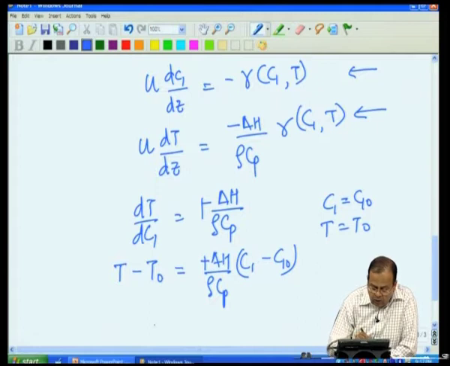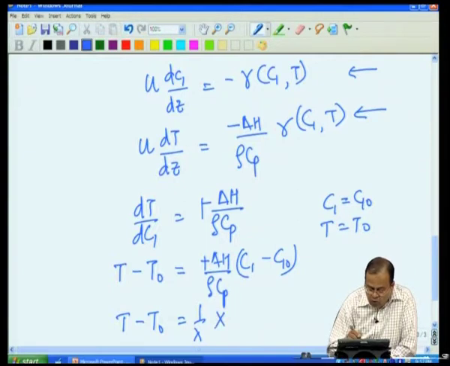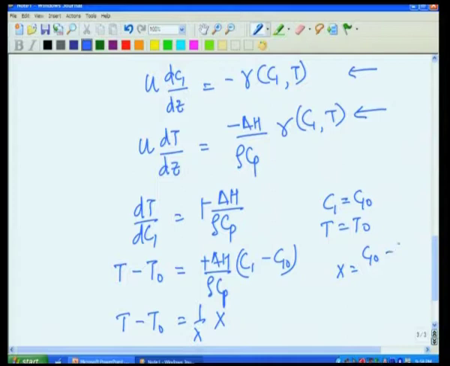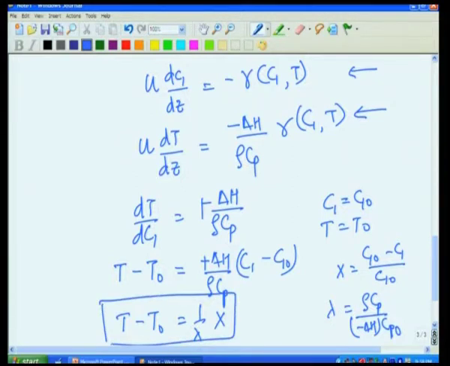So, I can once again write T minus T0 as 1 over lambda into x, by recognizing that x is C10 minus C1 by C10 and lambda is rho Cp by minus delta H into C10. So, this is my relationship for the plug flow reactor.